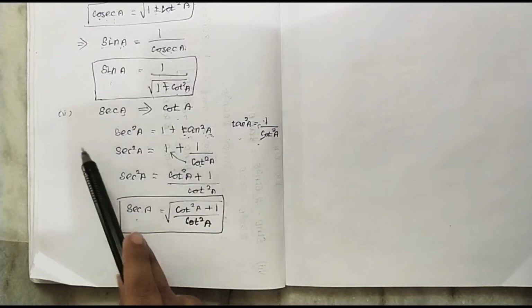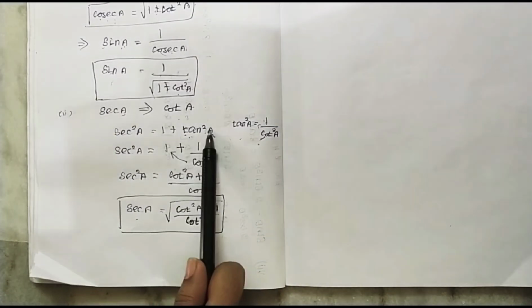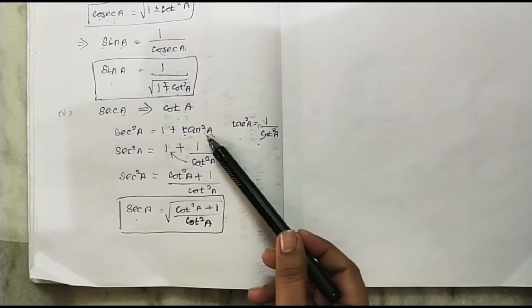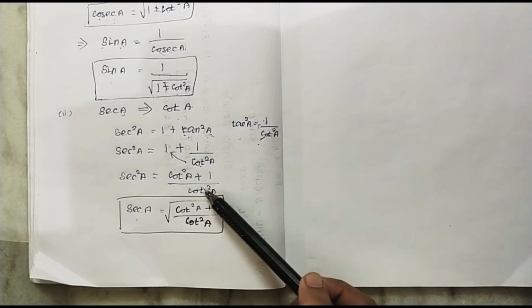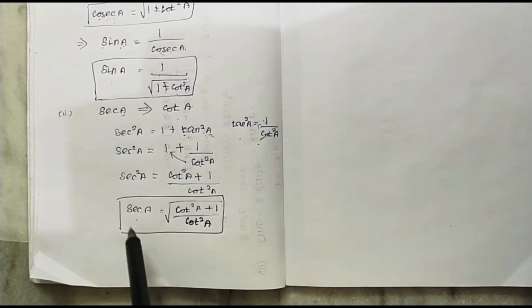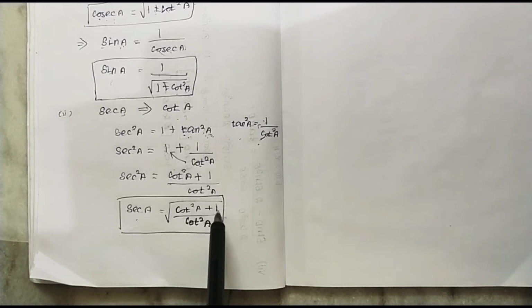To recap: we consider the second identity, secant squared A equal to 1 plus tan squared A. Instead of tan squared A we wrote 1 divided by cot squared A. Cross multiplication, square transferred becomes root, then secant A equals square root of cot squared A plus 1 divided by cot squared A.